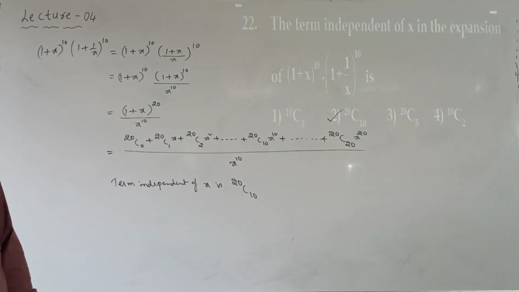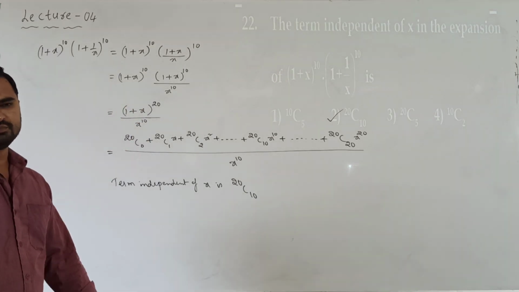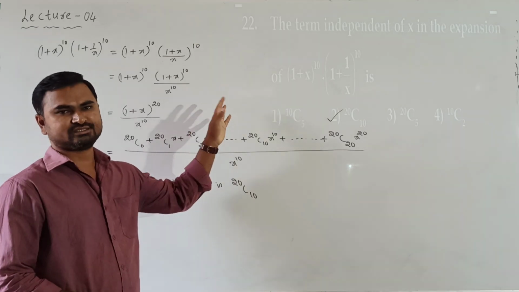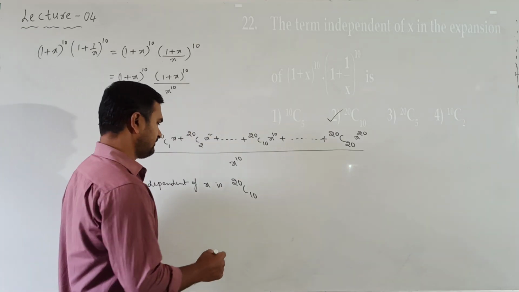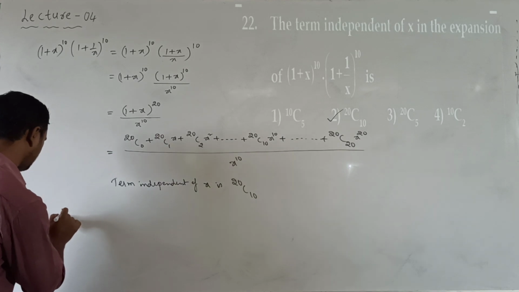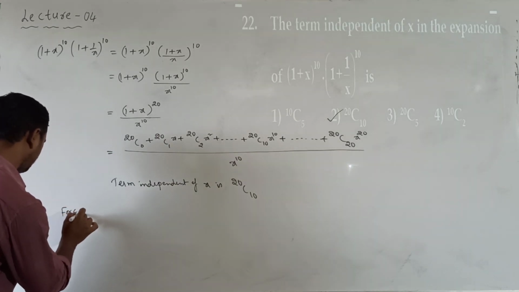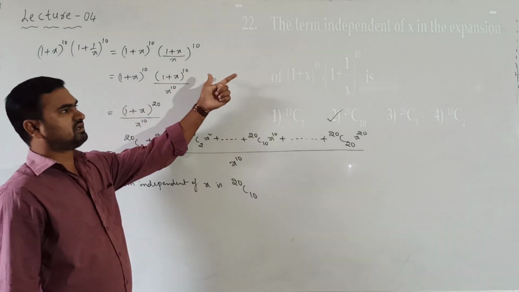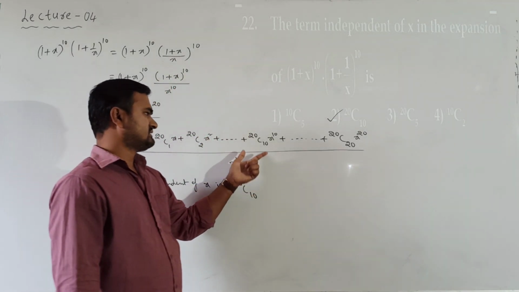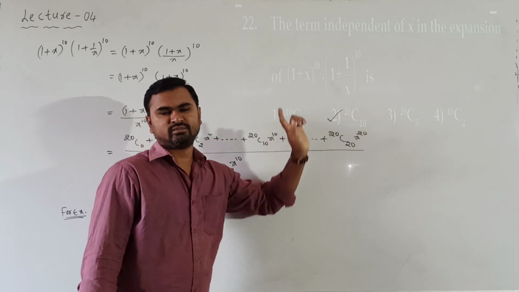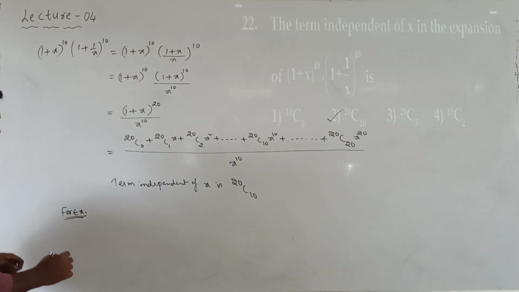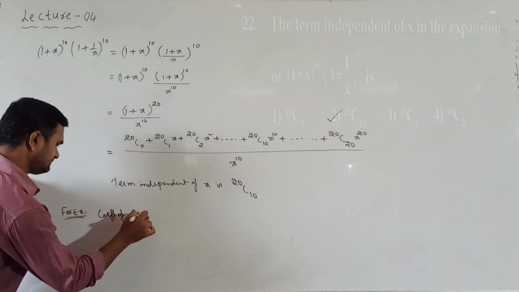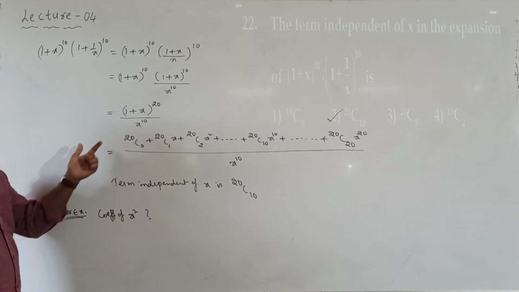Now for example, in this same problem, suppose you are asked to find the coefficient of x squared. Here they are asking for the term independent of x, which is 20c10, so that is completed. Suppose I want the coefficient of x squared in this expansion.